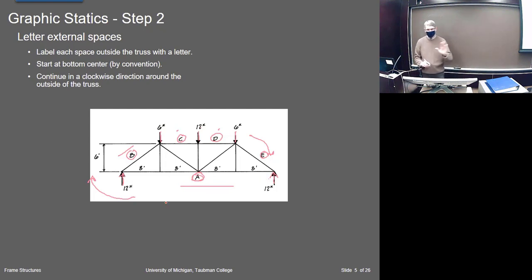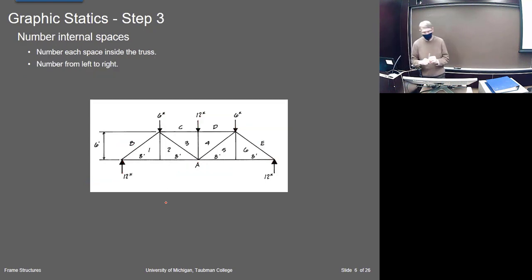Okay, so we named the spaces first with those letters, and then you name the inner triangles, the interstices here, with numbers. So this is number 1, number 2, number 3, 4, 5, 6, just going across. So we got the exterior with letters and the interior with numbers.